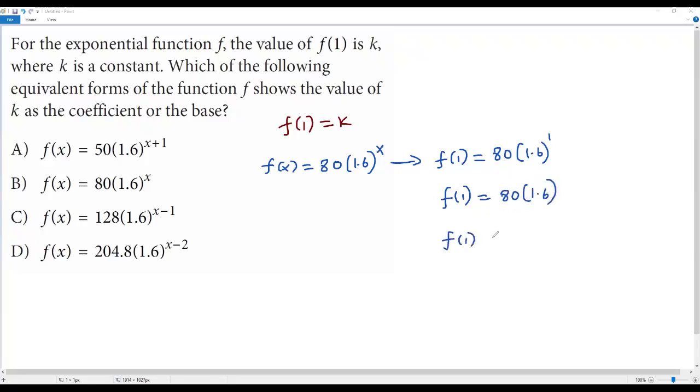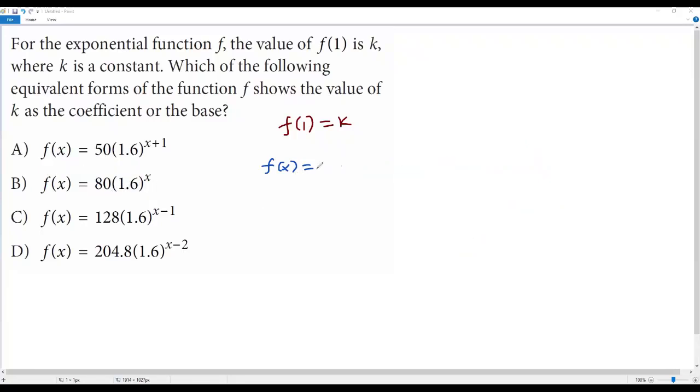So f of 1 is equal to 80 times 1.6, which is 128. Still I'm getting the value of k as 128, but we don't find 128 as a coefficient or the base in option B. So we can reject option B also.